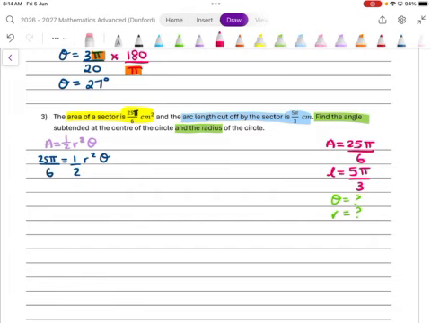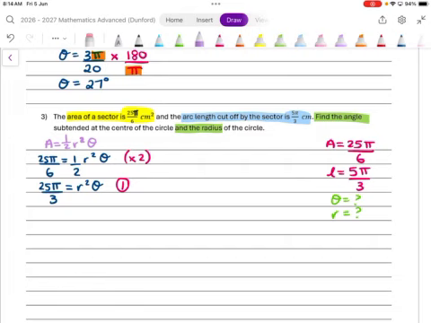I just want my r squared theta. So what I'm going to do is times both sides by that 2. So when I do 25 pi on 6 times 2, I get 25 pi on 3 is equal to r squared theta. Now, I definitely could rearrange that a little bit more, but I'm going to leave it like that for now, and I'm going to put a nice little 1 next to it.